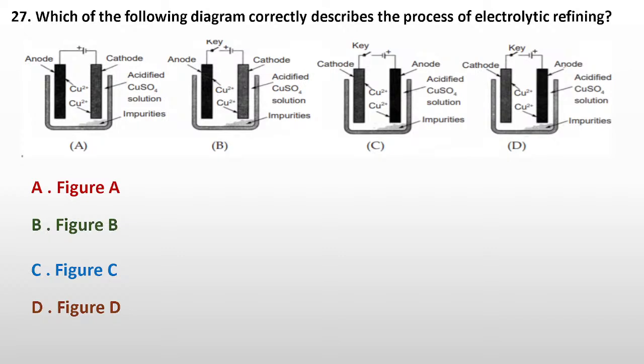So what should be the answer for question number 27? So the answer for this is figure C. The diagram C is the one which correctly describes the process of electrolytic refining.